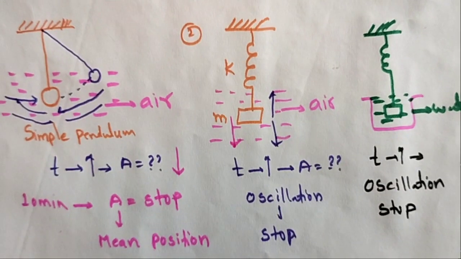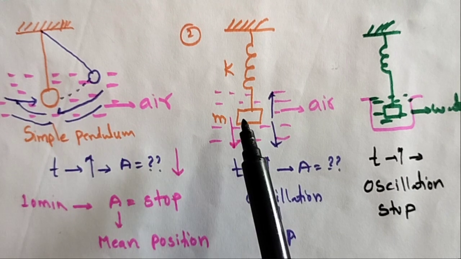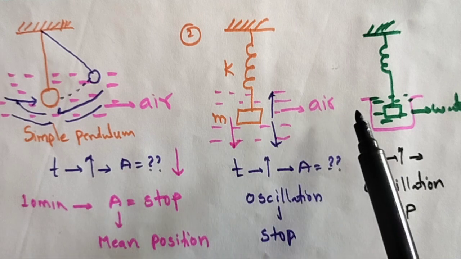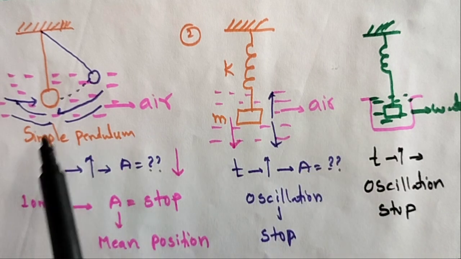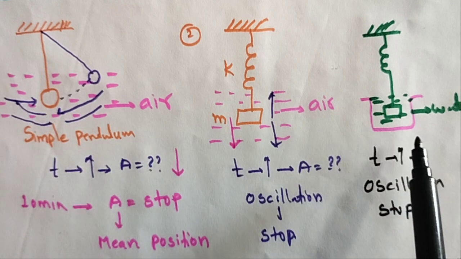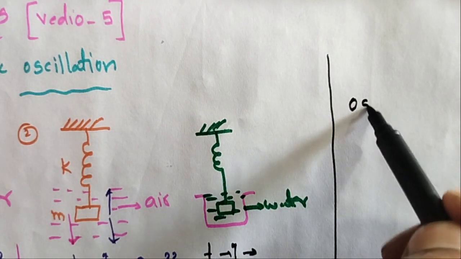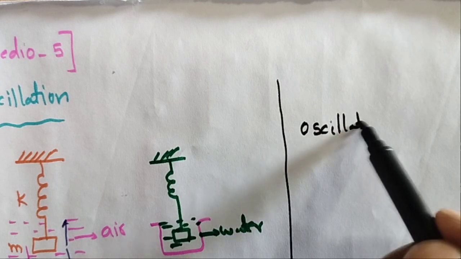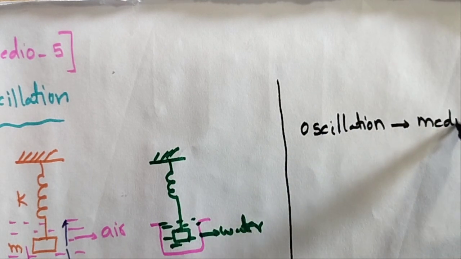So in these three examples, what is your observation? The simple pendulum, the spiral spring system, and the spiral spring system oscillating inside water are all oscillating in a particular medium.